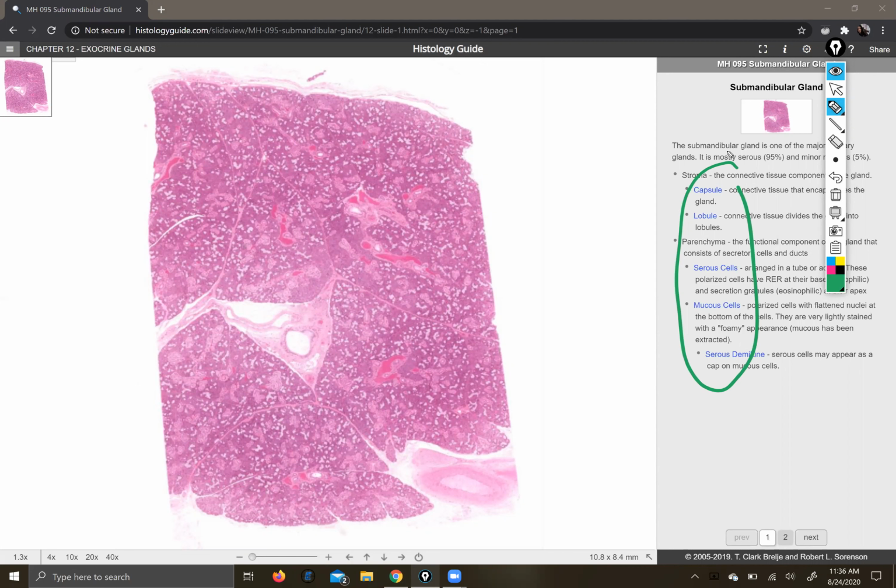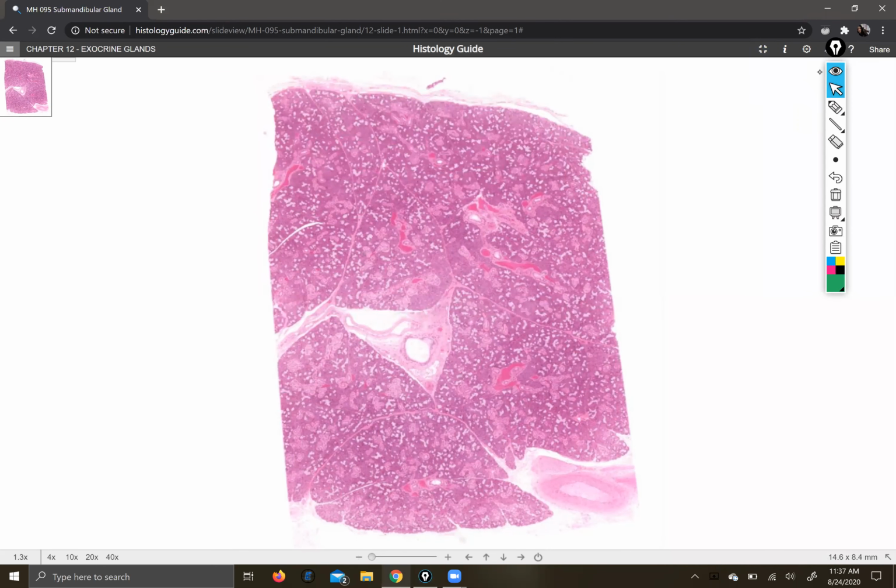So a better idea would be to take your list and cross things off and be like, well, it doesn't look like a duct, so that's out. And it's not a mucus acinus, so that's out. So use your list for process of elimination tasks like that, not this sidebar, because some of these terms are just not going to be things that are useful to you.